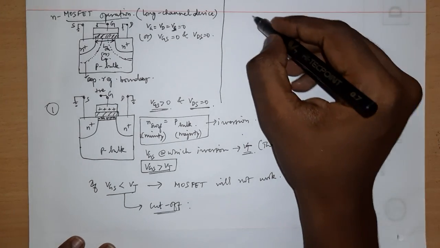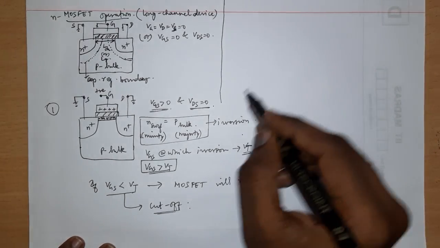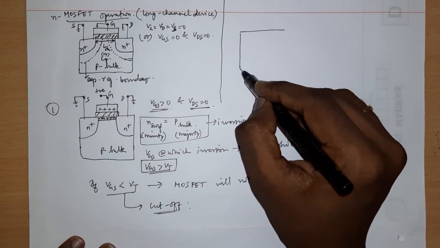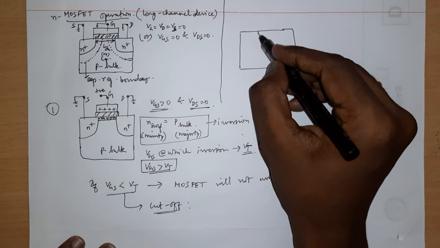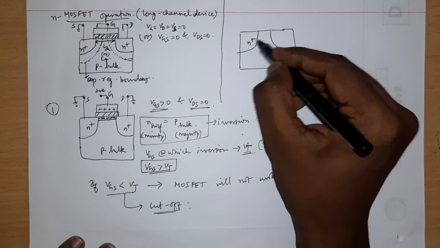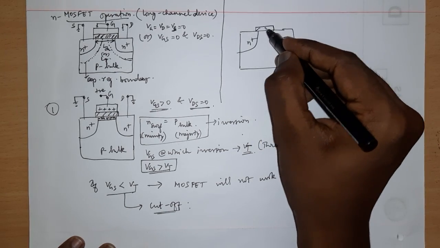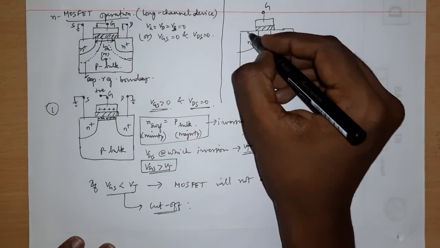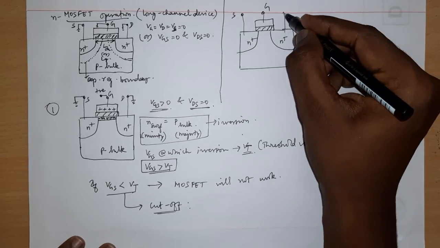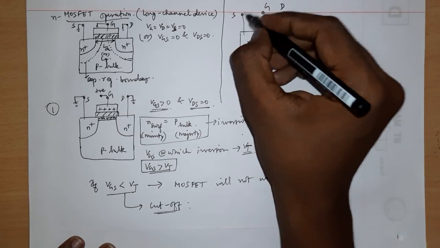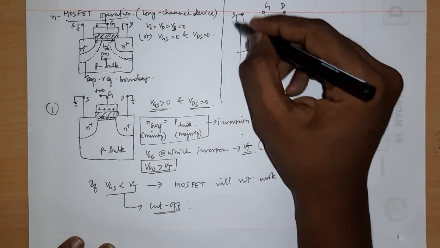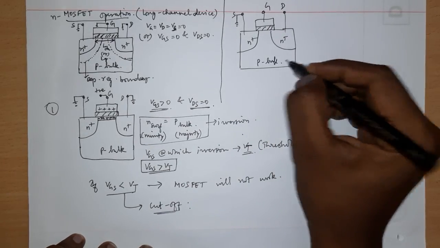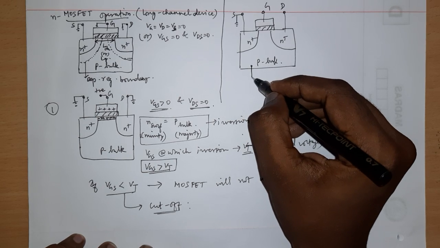now take another case. N plus, oxide, and this is the metal, gate, source, drain. Okay, again the source is grounded. Usually source is the reference terminal, and see, it's just P bulk, and this bulk terminal is also another terminal.